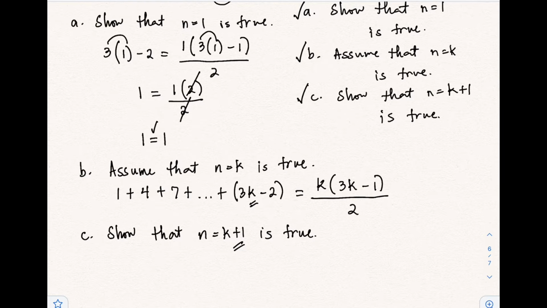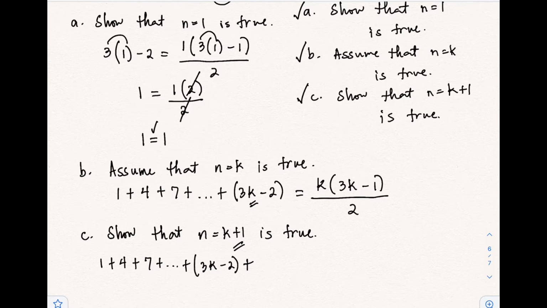Nakuha? So, ibig sabihin, kung i-rewrite natin yung ating statement, we have 1 plus 4 plus 7 up to 3k minus 2. So, ito yung ating k term. So, para maisulat natin ngayon yung k plus 1, siya yung term after nung k.